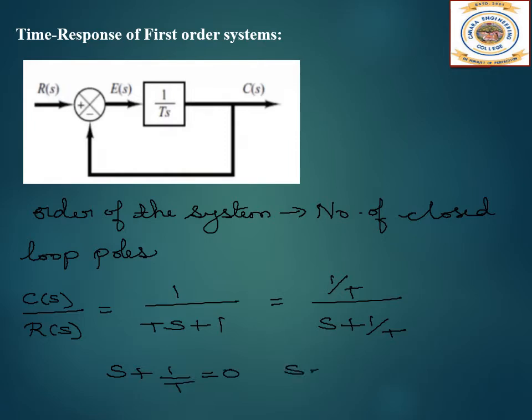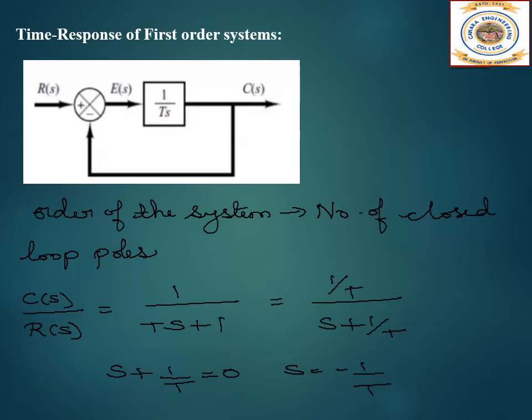We get S equal to minus 1 by T. So we have one pole here. Hence, since we have one pole, it is first order system. If we had two poles, then it would be a second order system.